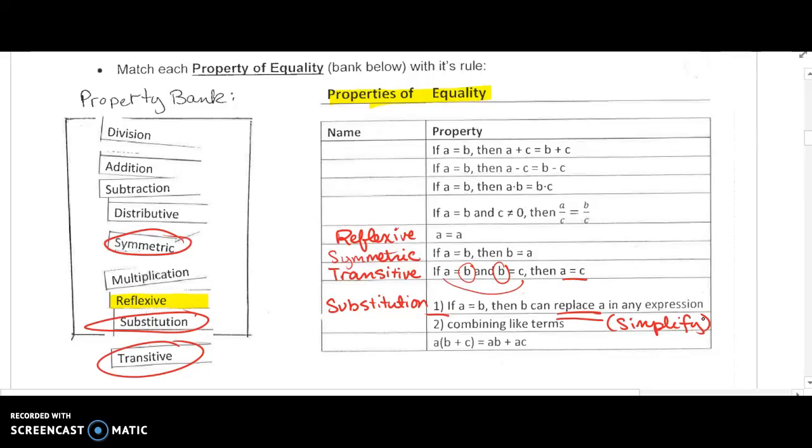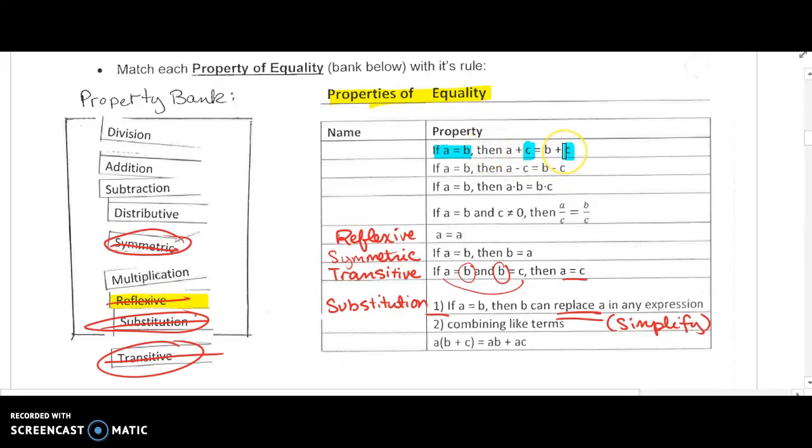The rest of these, I'm hoping maybe you can figure out now that we've used up some of these for you. I want you to take a second and see if you can guess. For example, this first one: if A and B are equal, you did this in algebra last year, you can add any number C to both sides of the equation and it won't change the equation.